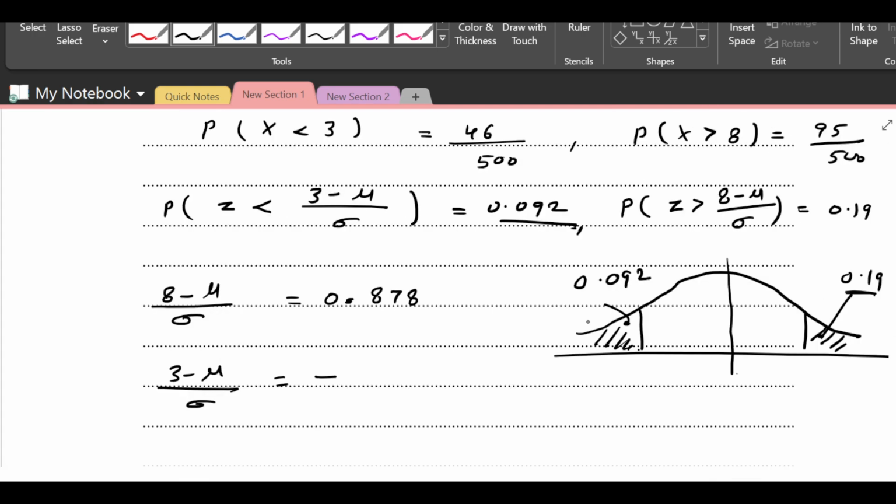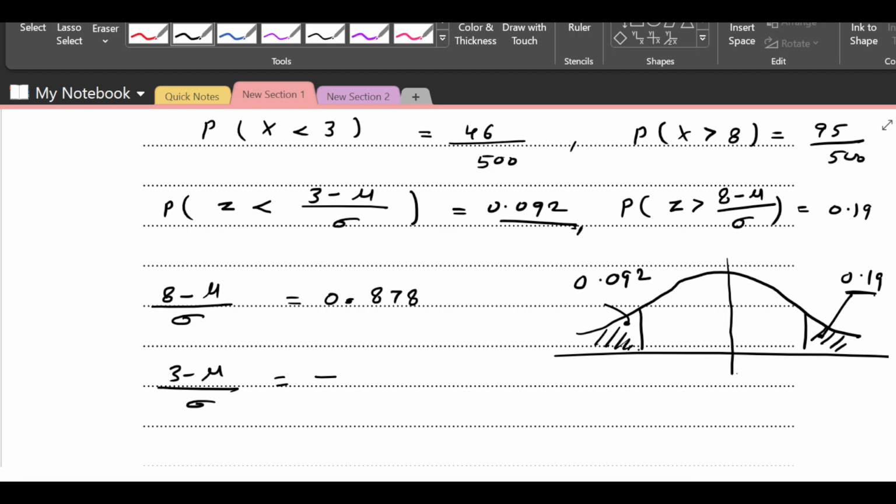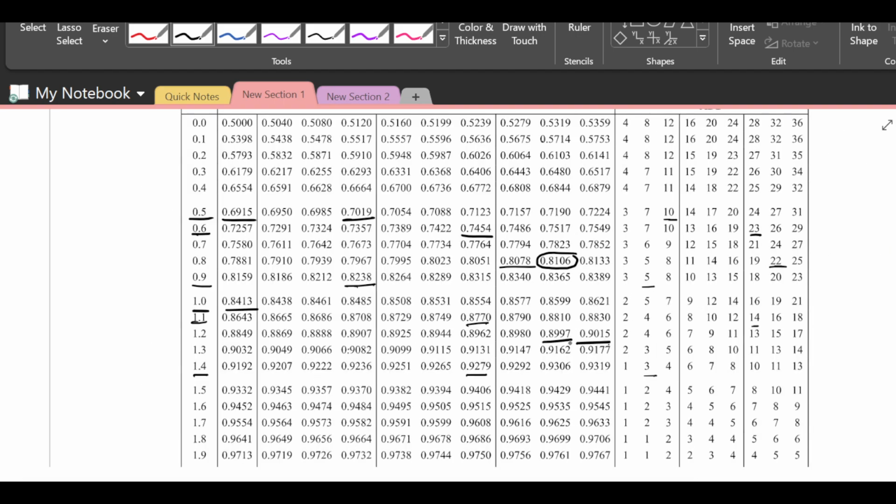I think I made some mistake. 1 minus 0.092 is 0.908. Yes, 0.908.